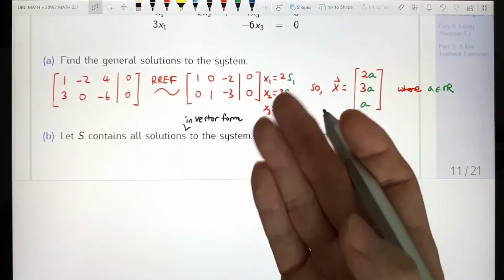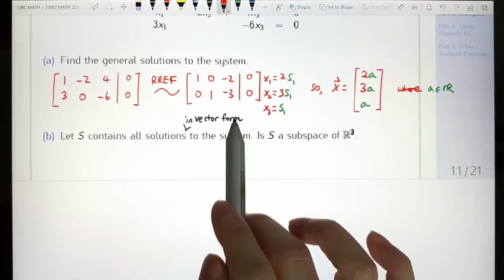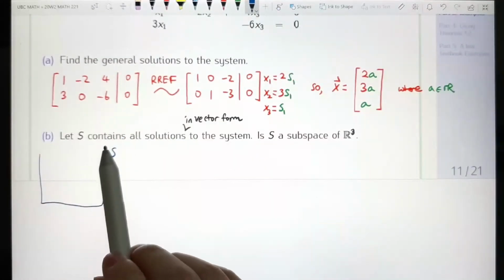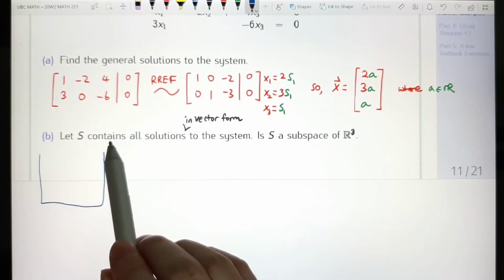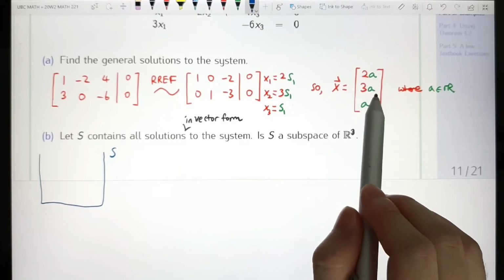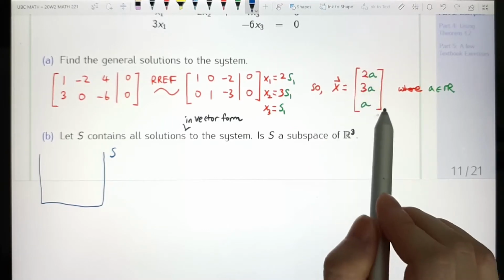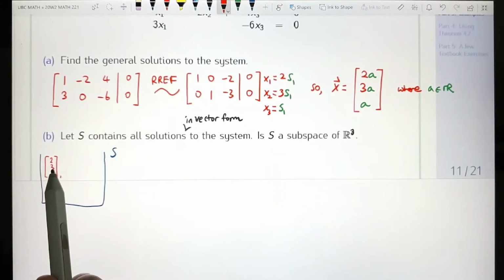In case anyone is confused by S containing all solutions in the vector form, let me picture what's going on here. Imagine S is a box. The box contains all solutions of the form 2A, 3A, A. Everyone, if you choose A to be 1, then surely the vector 2, 3, 1 is in the set. Do you understand?